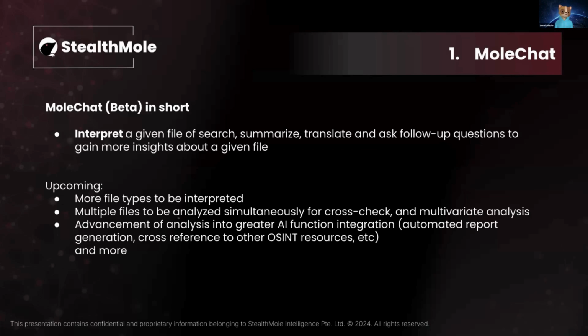And then with this, we can advance this into a greater AI function integration, such as automated report generation and cross-reference to other OSINT resources, and of course, the possibilities are endless. All right, so I hope that was a good introduction to what MoleChat can do, and that is one of the first AI features that we wanted to showcase.